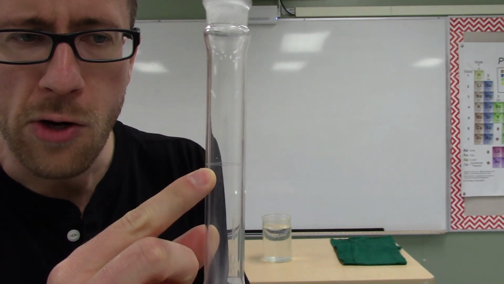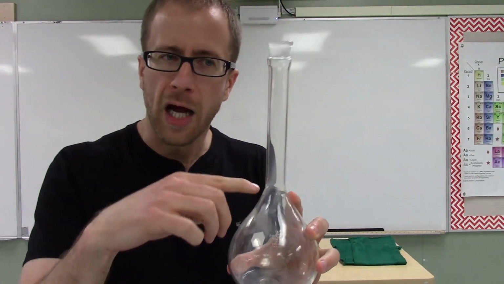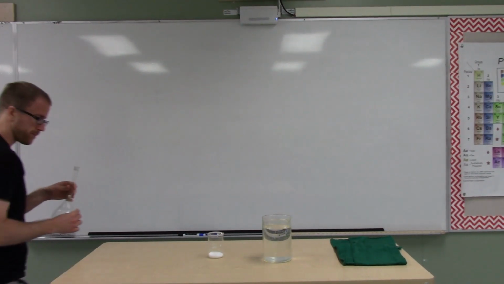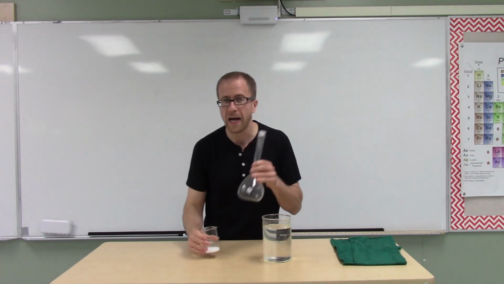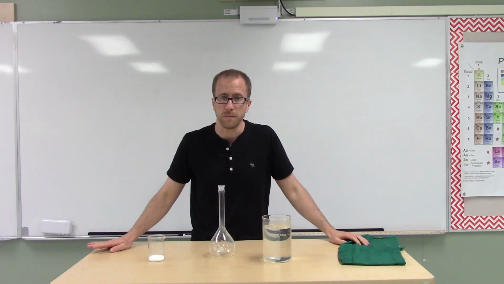Now, that line right there is the fill line where if I filled it up to there and the bottom of the meniscus was touching that line, that would be exactly 500 milliliters. So we're going to be using a 500 ml volumetric flask in order to make our solution.